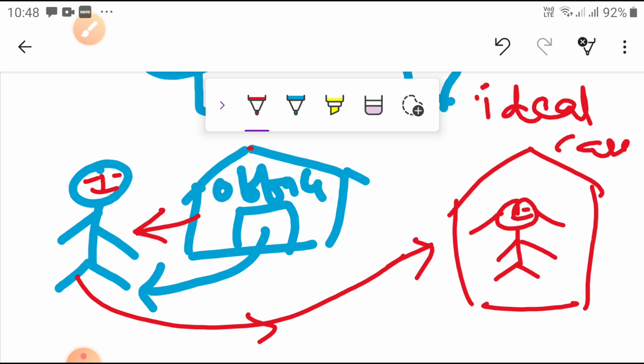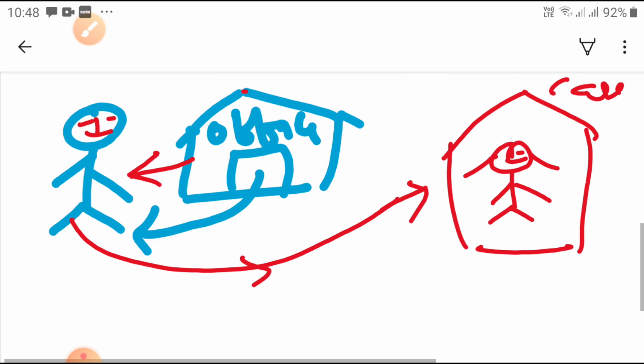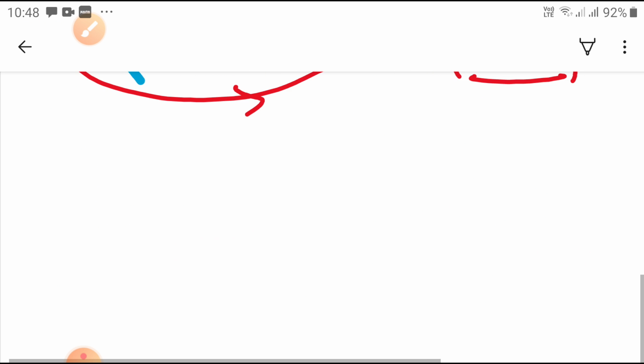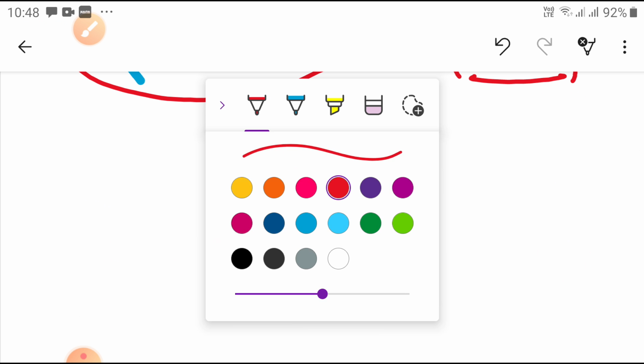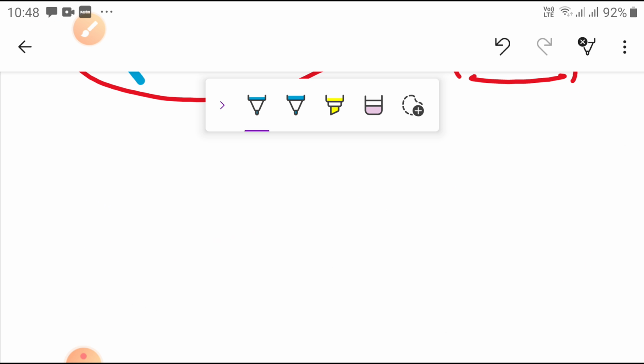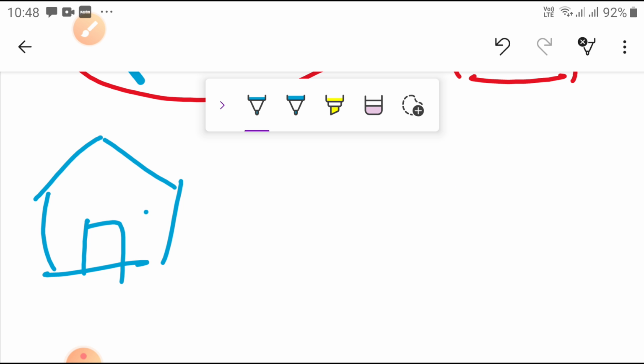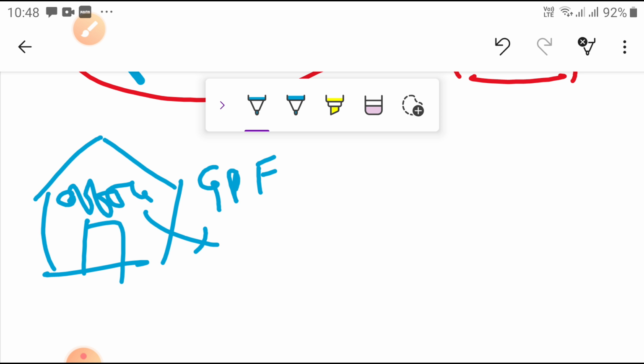But practically, what will happen? Now your father has taken a loan, a GPF loan or loan from the office, and he has to pay some professional tax, PF.